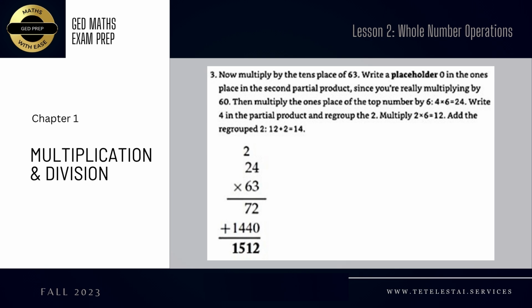The reason you would write down 14 in its entirety is because there's nothing else left. If there was a 3 here, for example, you would write down 4 and you would carry the 1 above the 3. But since there's nothing left, we write down 14, and now we can add 72 to 1440, and we know that 63 times 24 gives us 1512.